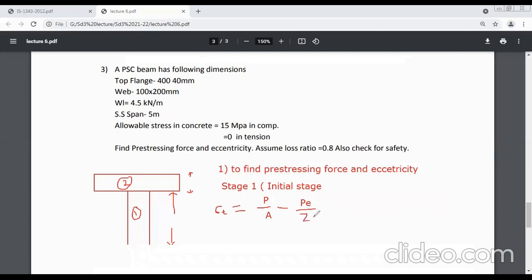This is due to the prestressing force. Then due to self weight, at the top it is compression, so plus the bending moment due to self weight, MD divided by ZT.